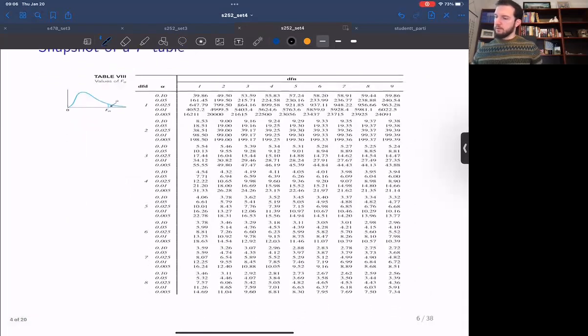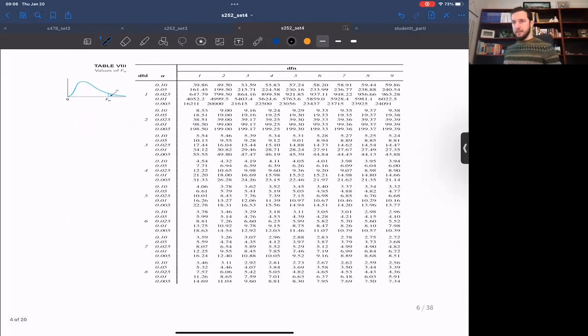Okay. So the F table is similar in how it works. It works more like a T table than a Z table. There are 8 different pages to the F table, and each page varies in DFN and DFD.